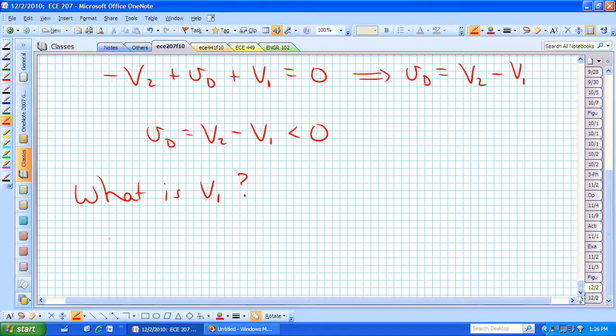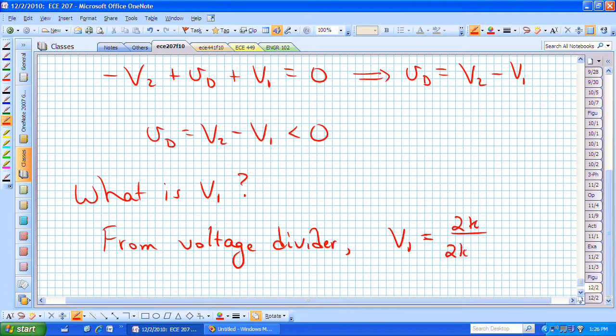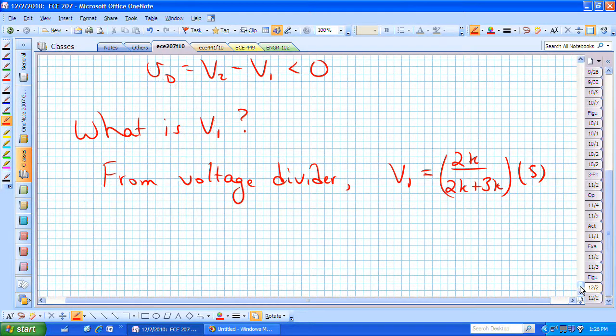Or from a voltage divider, we can say that V1 is equal to 2K over 2K plus 3K times 5. Or you could just write a KVL equation around that, and now you see that V1 is going to be 2/5 of 5, or V1 is now 2 volts.